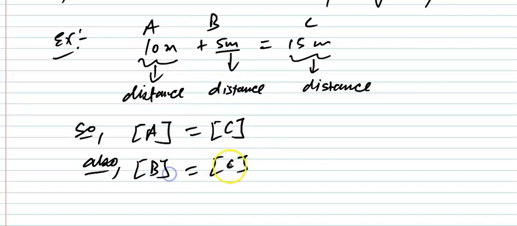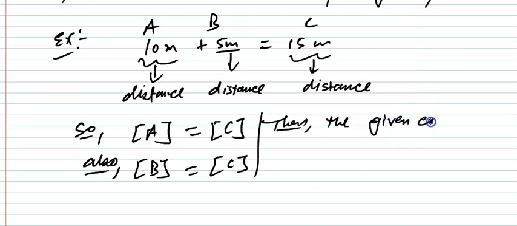So the dimensions of B and C are equal. Then we can say that the given equation is correct. This is called the principle of homogeneity.